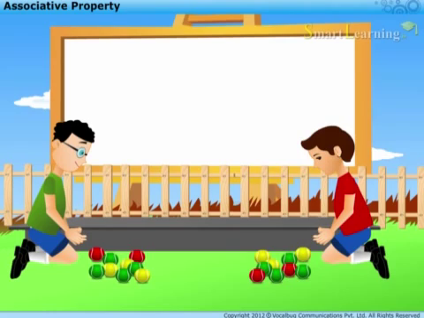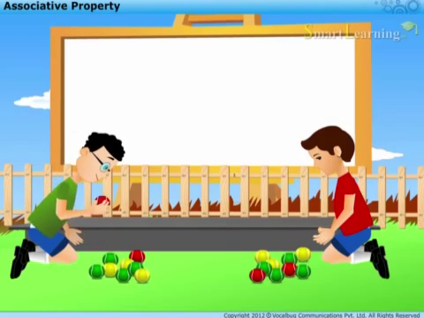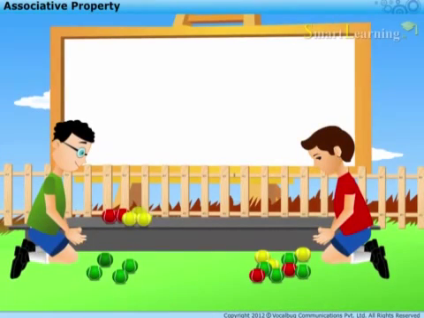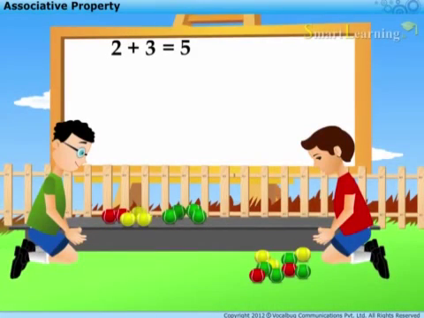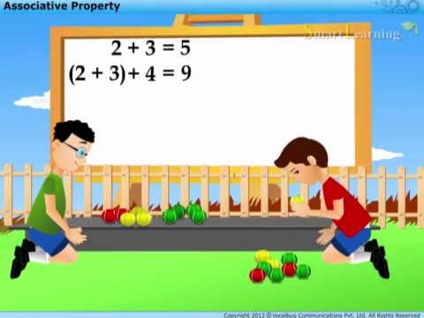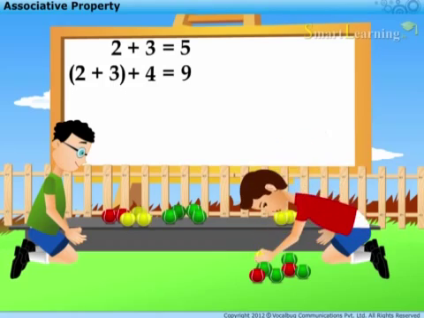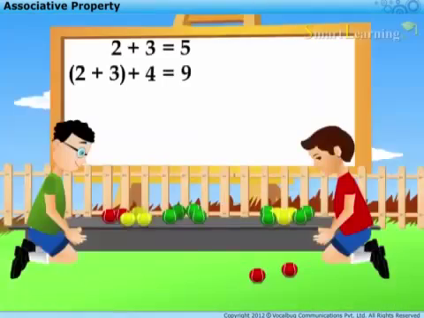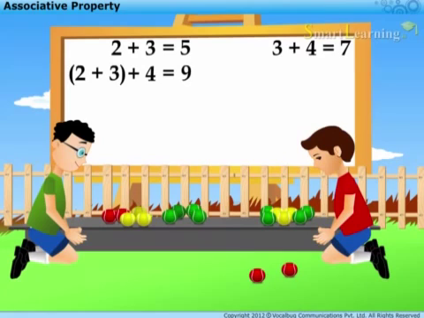Peter first adds the number of red and yellow balls, and gets a sum of 5 balls. He then adds the number of green balls, that is, 4, to the sum 5, and gets a total of 9 balls. Now Sam first adds the number of yellow and green balls, and gets a sum of 7 balls.